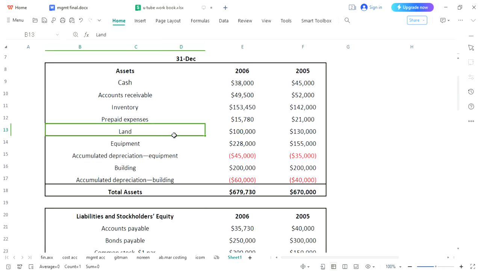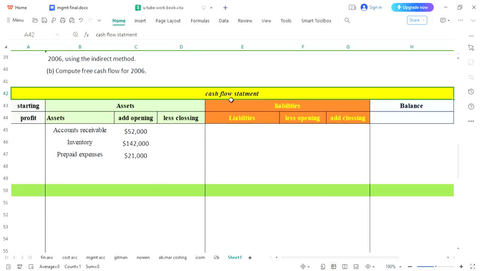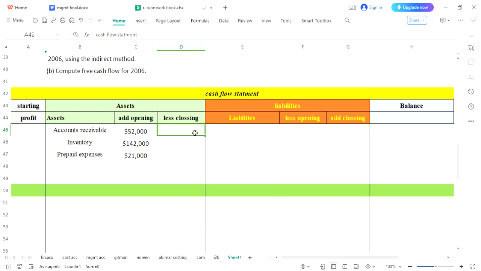And then you will see that account receivable, inventory and prepaid, these are closing assets. I'm going to put the amounts over here. When I'm using Excel, there is a little bit of help from Excel. Instead of writing manually, I am just picking those amounts and directly posting to the relevant place.